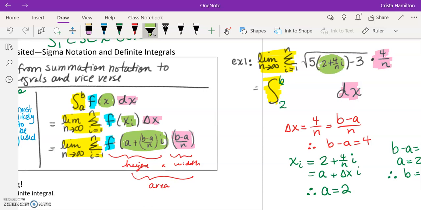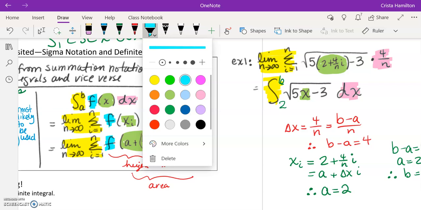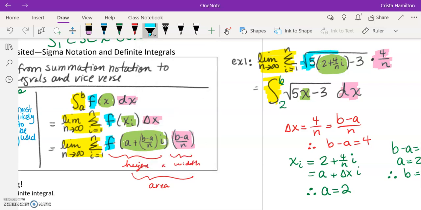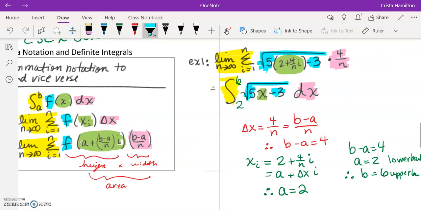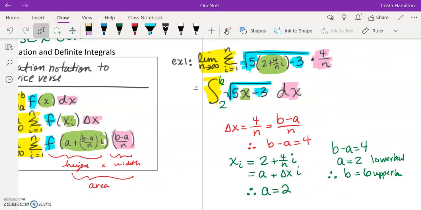So I'm going to take out this portion over here in the formula, and I'm going to replace it with x, because that's going to give me my function as a function of x. And so I'll highlight again right here. So then we can see that the stuff on the outside is what's representing the function that we are getting the area underneath. So there's the square root with the 5 and the minus 3. So we identify that. And so that's going to be my definite integral translated from the summation notation that you have. So that would be one example that we would do.